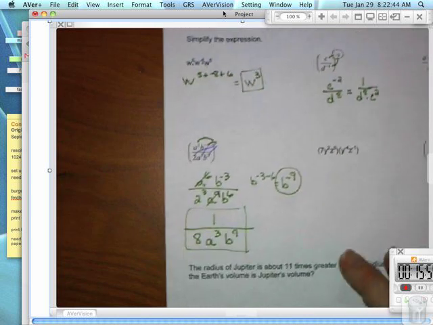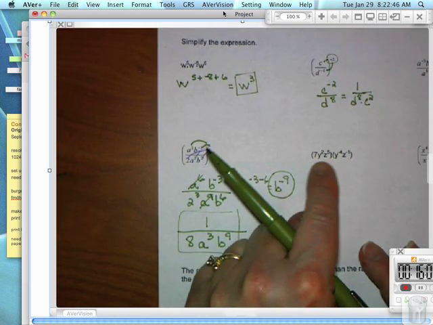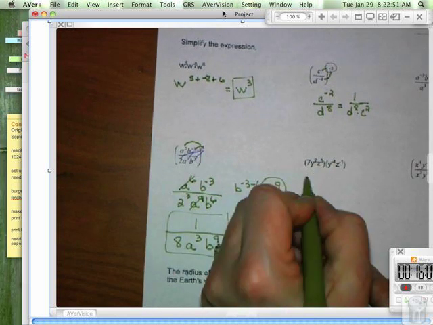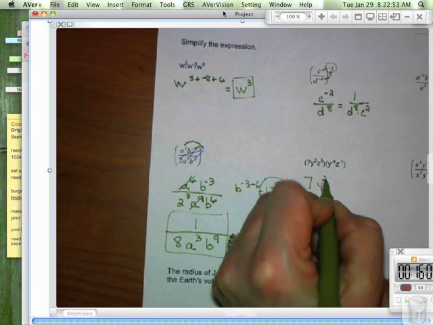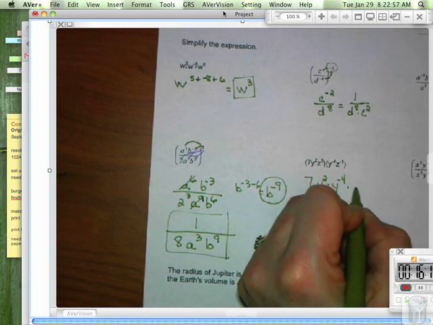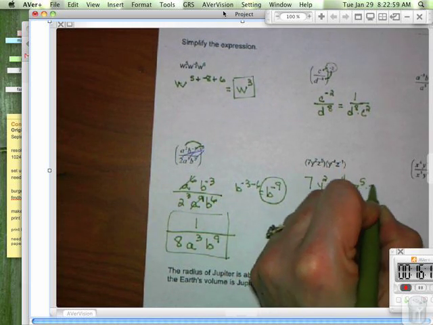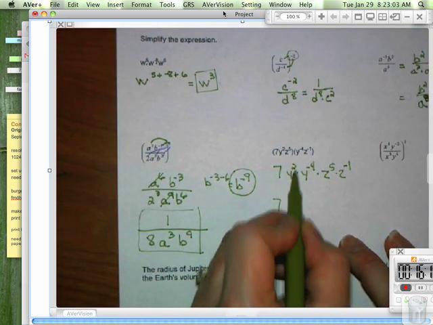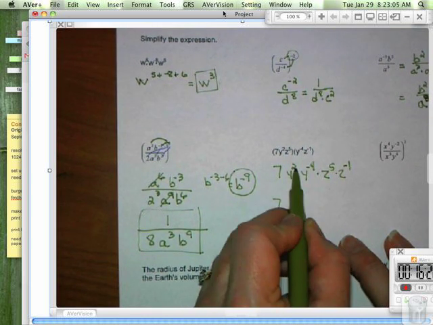All right, here. We really just have multiplication going on straight across. When we multiply straight across, sometimes it's easier to put the common bases next to each other. You don't have to do this step. So you have 7, and then since you're multiplying with the same base, it's 2 plus -4.